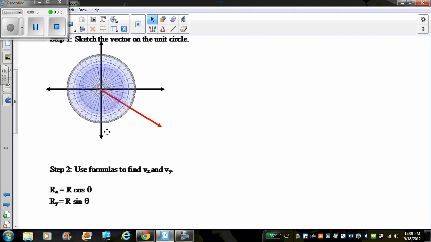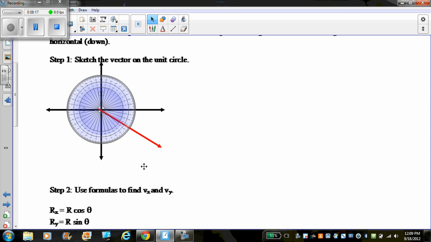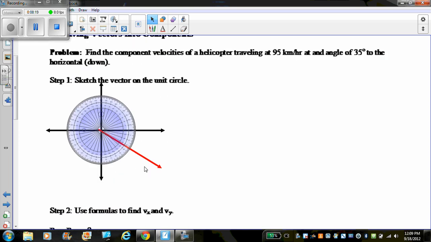Then it says use the formulas to find v sub x and v sub y. So the length of my vector, 95, that is r. So r is 95, and 35 degrees to the horizontal down.